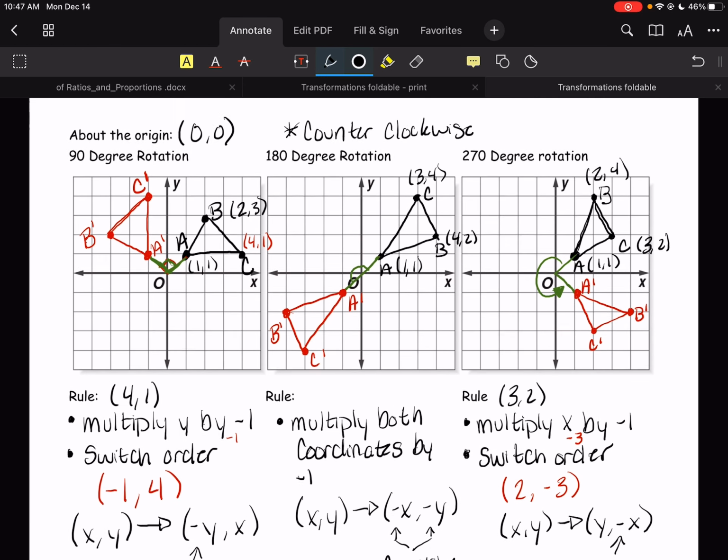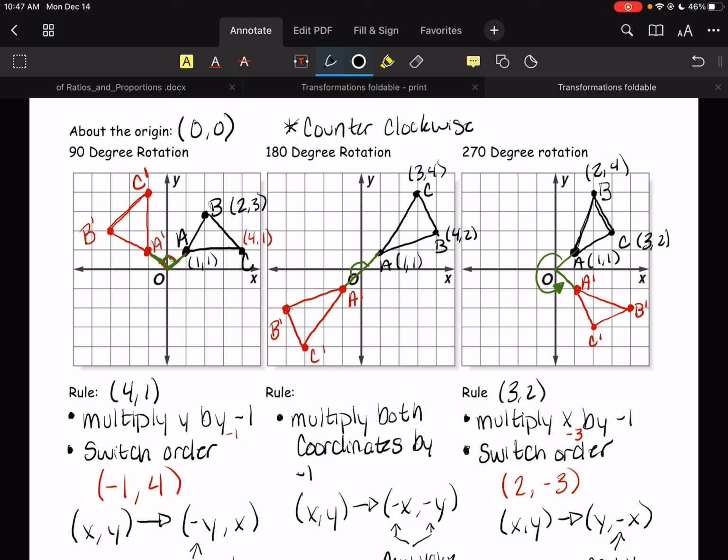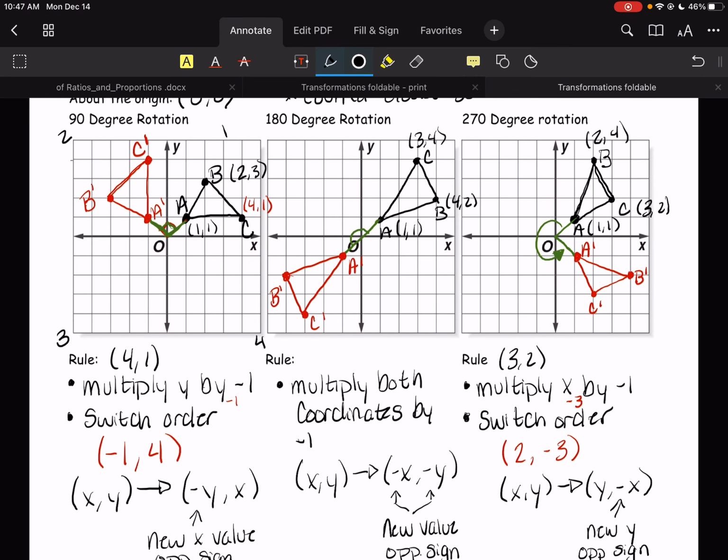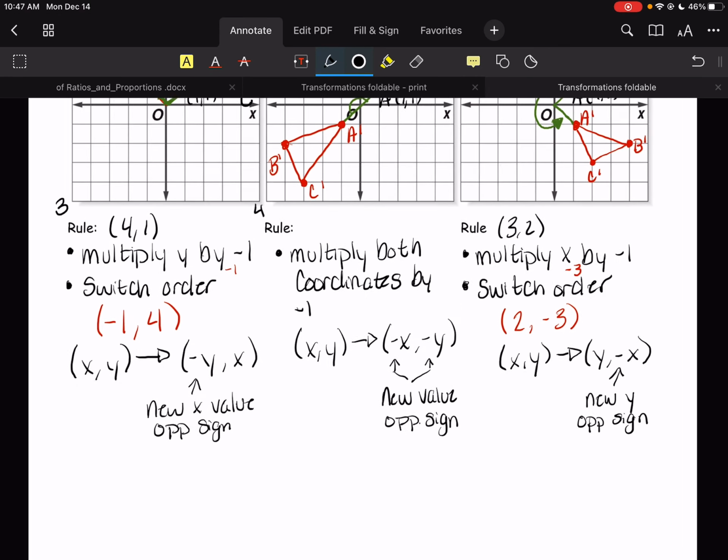So if you went clockwise for 90 degrees, you would end up going into quadrant 4. Remember, your quadrants are 1, 2, 3, and 4. If you did 180 degrees the other way, you're still going to end up in that third quadrant. And if you did 270 degrees clockwise, you end up in the second quadrant. So basically 90 and 270 are opposite of each other.